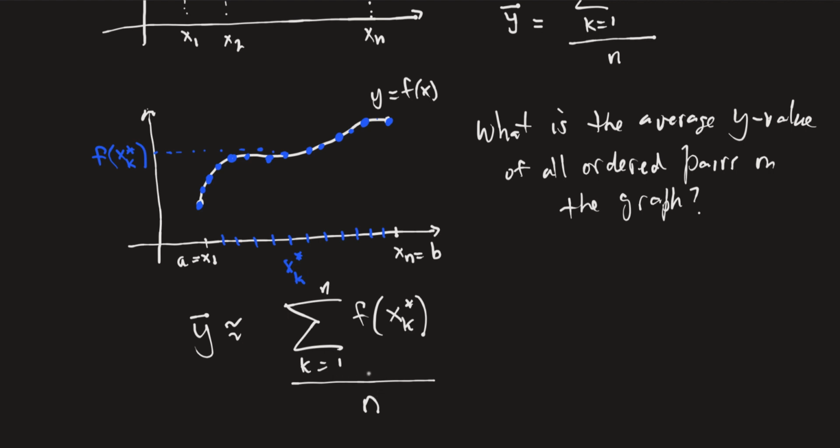Speaking of delta, this is how we're going to change this to make it look like an actual Riemann sum. See, a Riemann sum doesn't have this divided by n thing. But let's do a little trick, some algebraic manipulations, to rewrite this division by n.